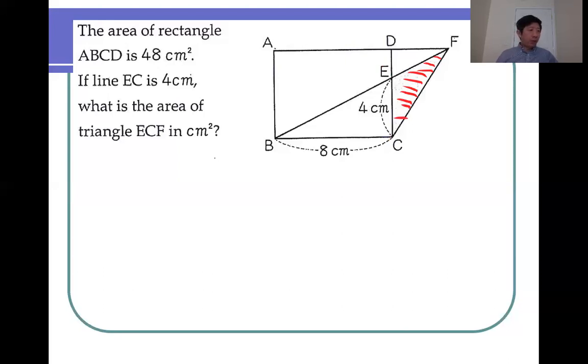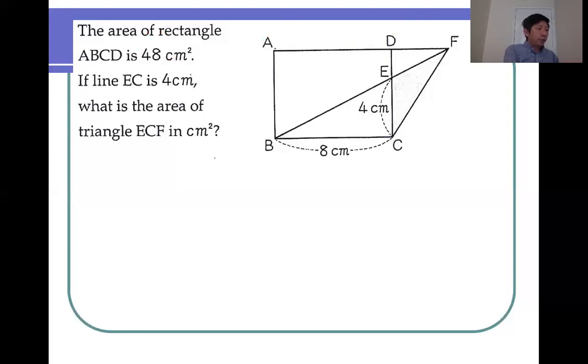So how are we finding out this problem? All right. First, we have to find it out because this is 48 for ABCD, right?